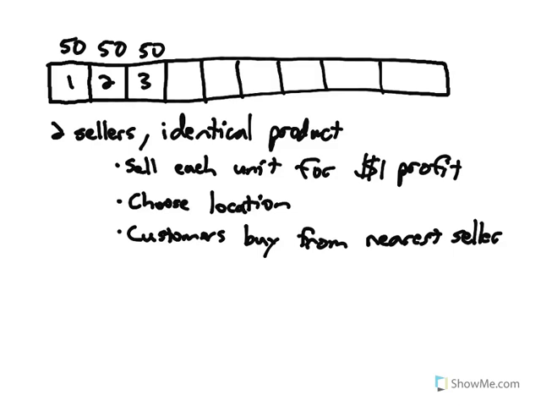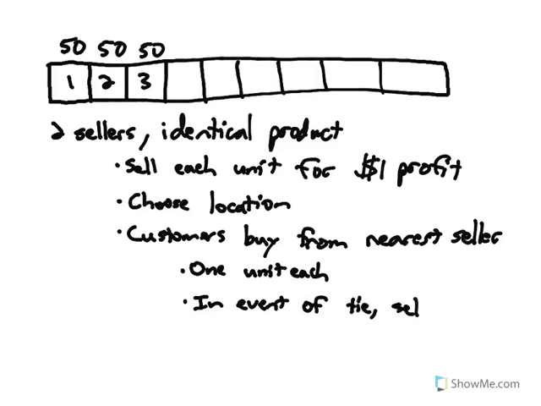Customers are going to buy 1 beer apiece, so let's say 1 unit each from whoever's nearest, and in the event of a tie, sellers split a block.